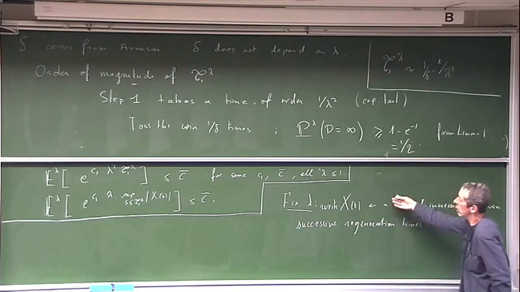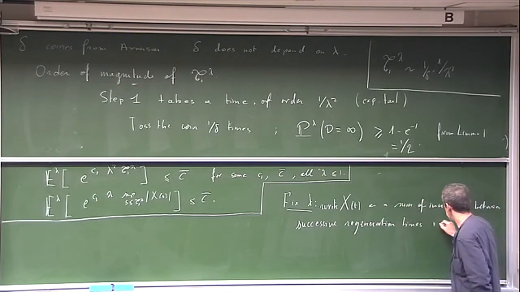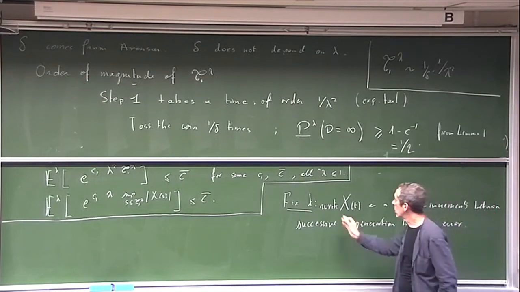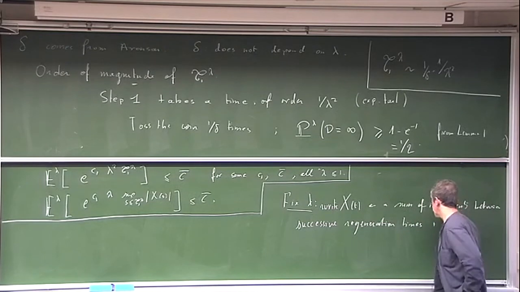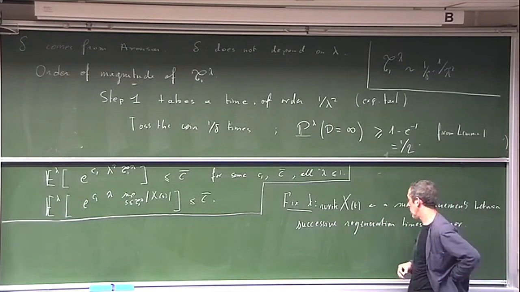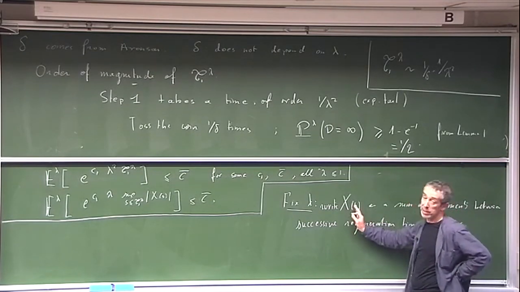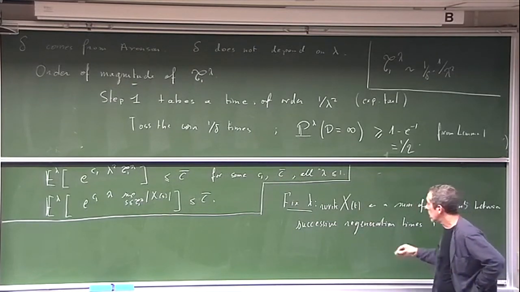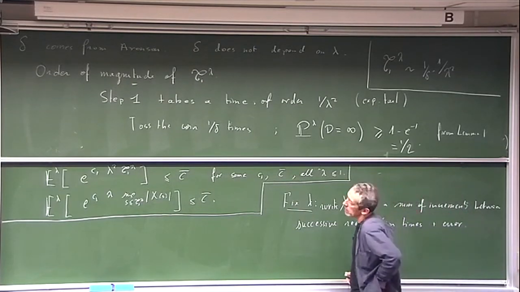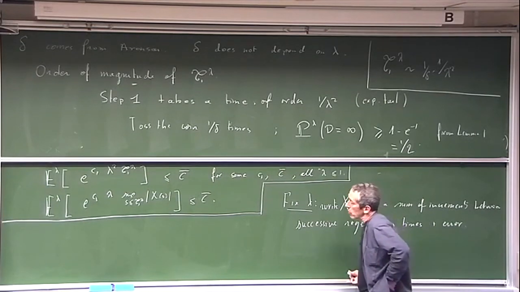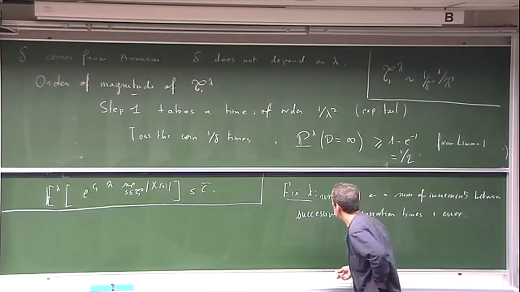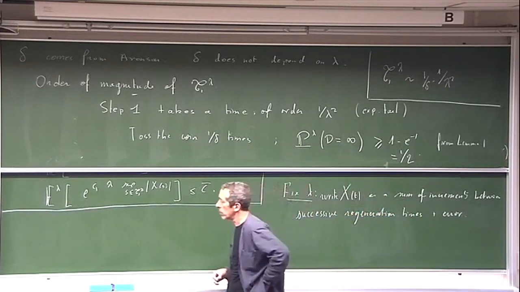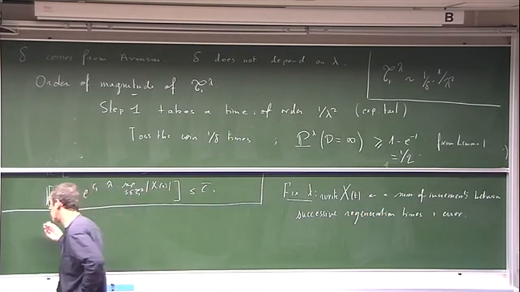And then you have a small error. So you write as many increments between regeneration times as you can until time t, and then you have a little bit of something at the end. This little bit of something at the end, we have many ways to control it. And in the scale of the law of large numbers, it's not going to contribute. And then you conclude.